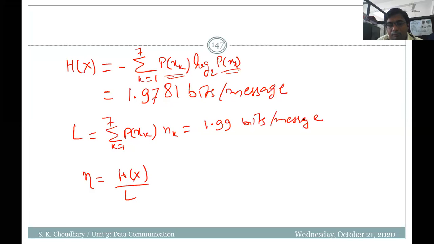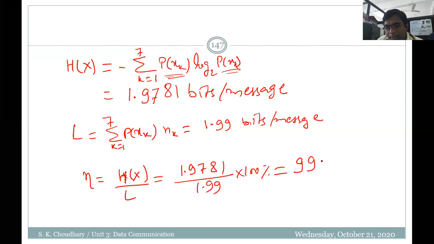Now you put it in the efficiency formula: 1.97 upon 1.99. For percentage you multiply by 100, so you get the value 99.40%. So this is the efficiency of the coding that we have done using one of the methods of Huffman coding.